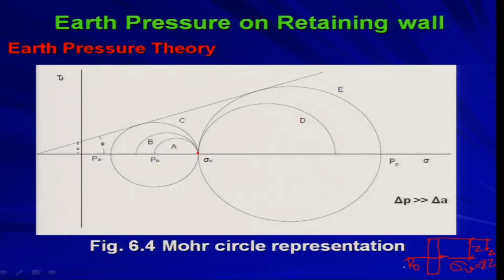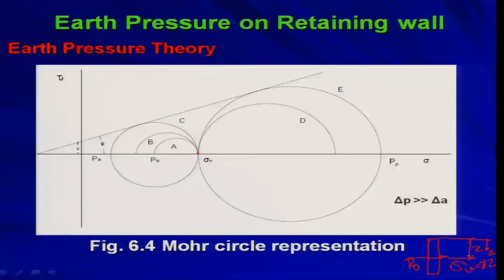This is my earth pressure at rest. If I consider this surface, it is free from any shear stress. So, gamma z, that is sigma v, is the principal stress, and that principal stress is causing this P naught.